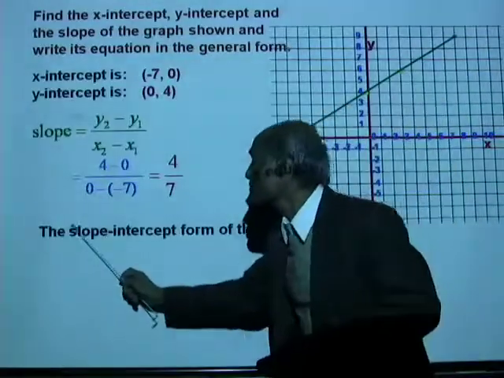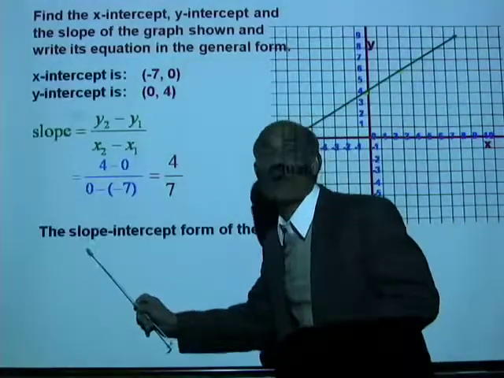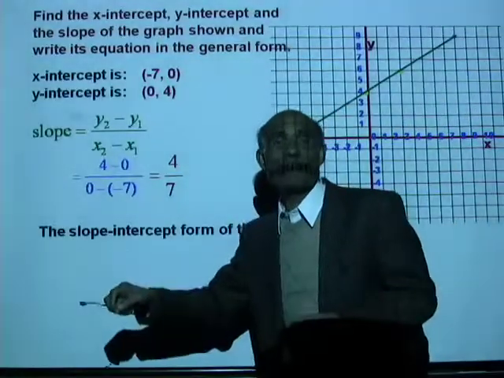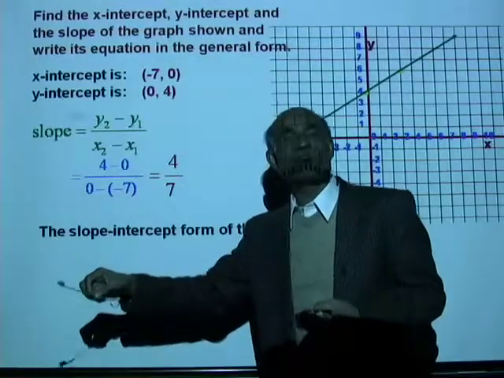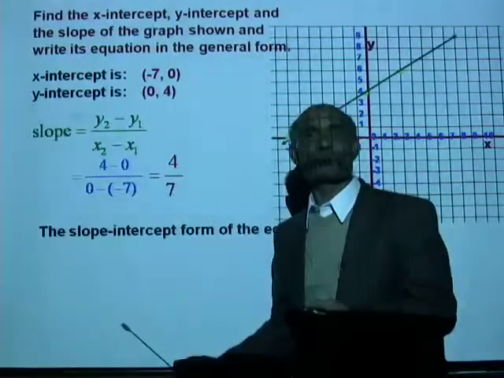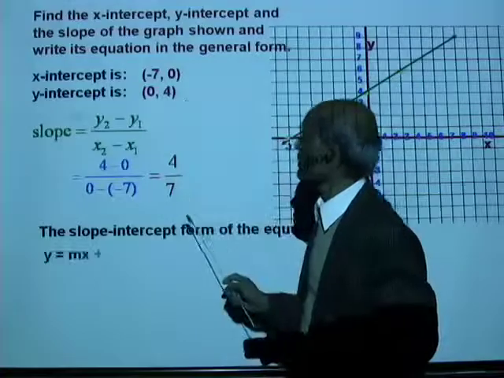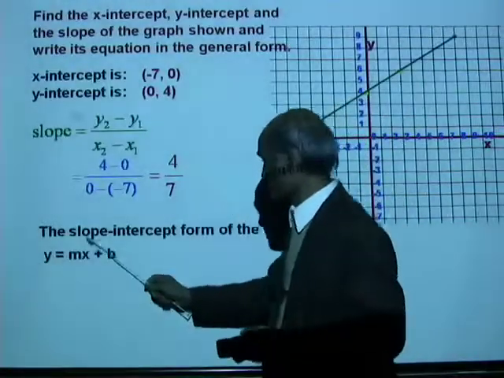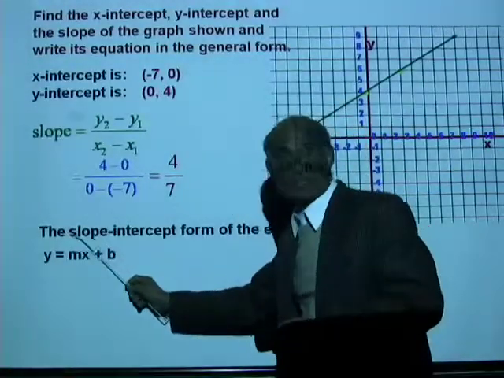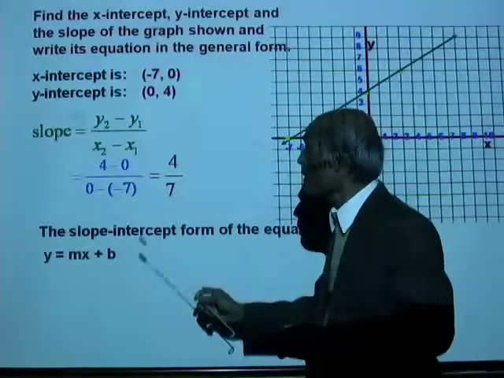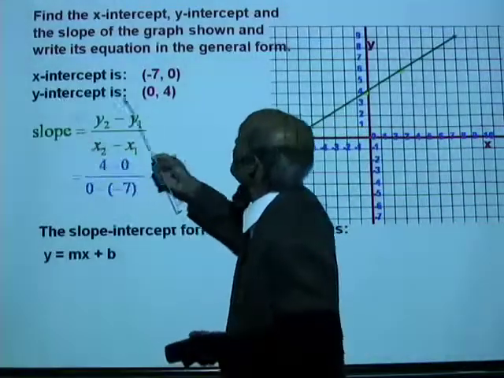And now write the equation. y minus y1 equal to m times x minus x1. Choose any of these points. Or we can write it in the slope-intercept form because we have the y-intercept.